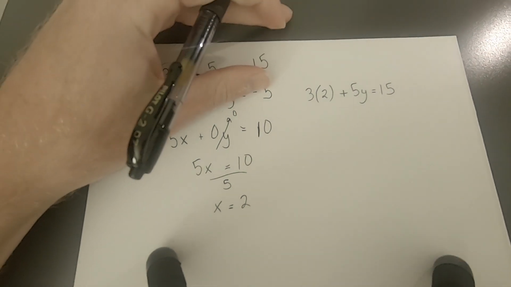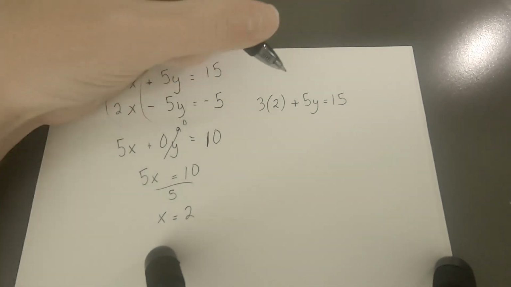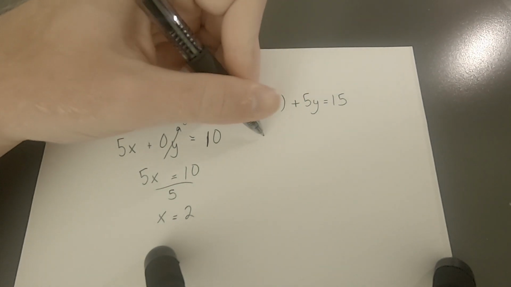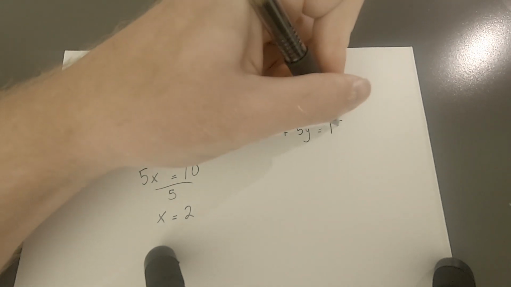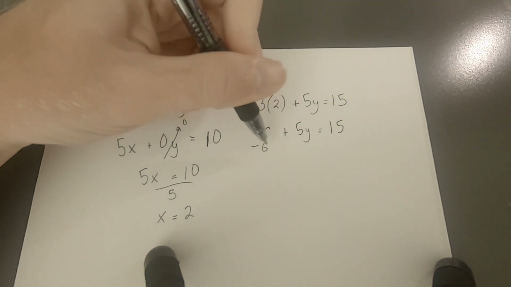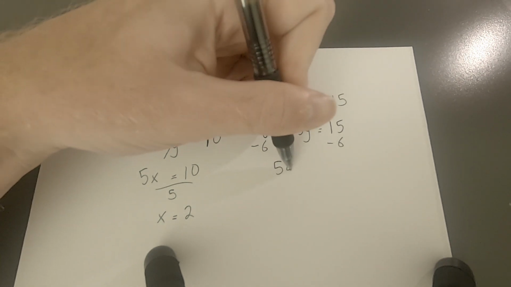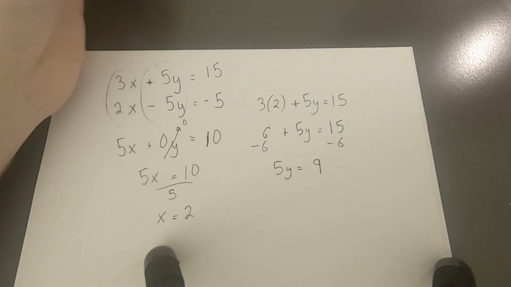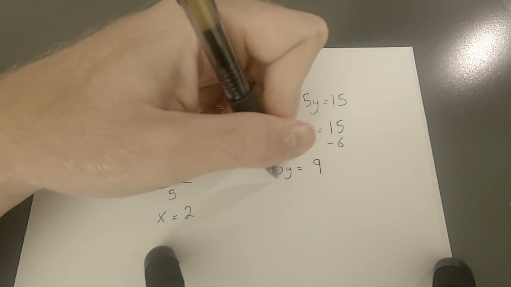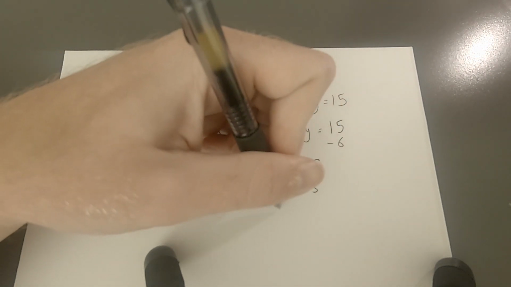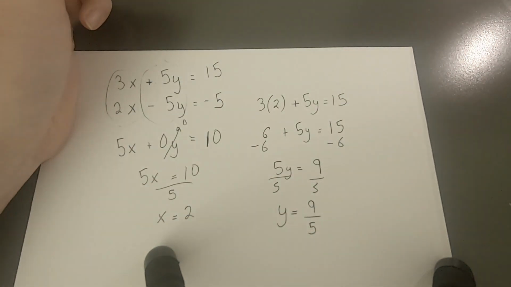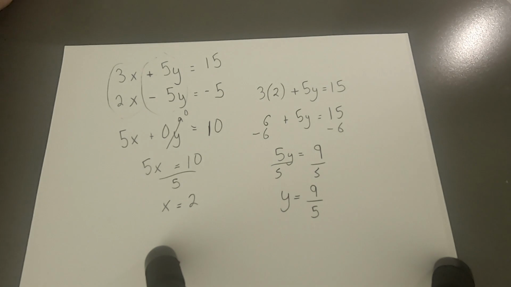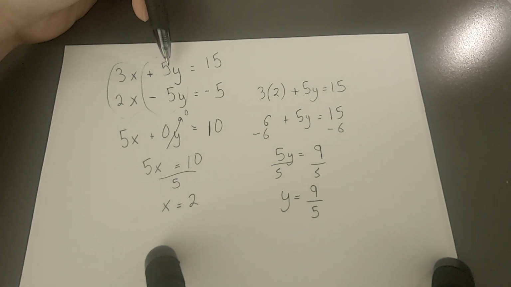From here, we just solve for y. This is 6 plus 5y is equal to 15. Subtract 6, we get 5y is equal to 9. Then all we have to do is divide by 5 on each side, and we have that y is equal to 9/5. And that's how you solve systems of equations using elimination, if you can eliminate them right away.